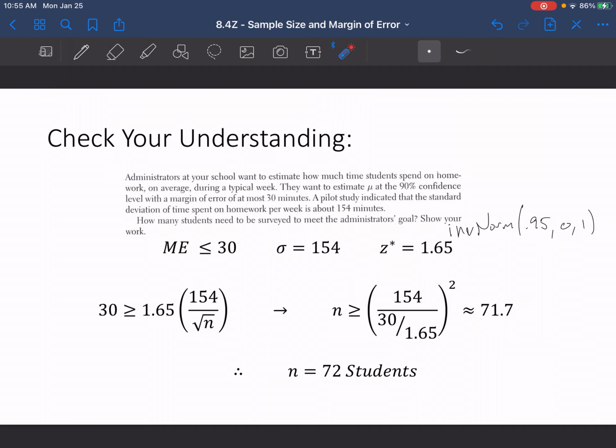N is greater than 154 divided by 30, times 1.65, squared, which gives me 71.7. So I need at least 72 students in the sample in order to achieve my 90% confidence level with a margin of error of at most 30 minutes.